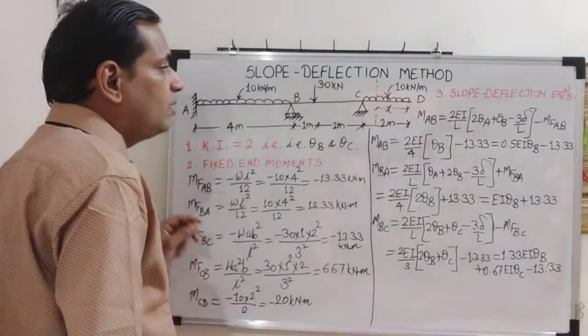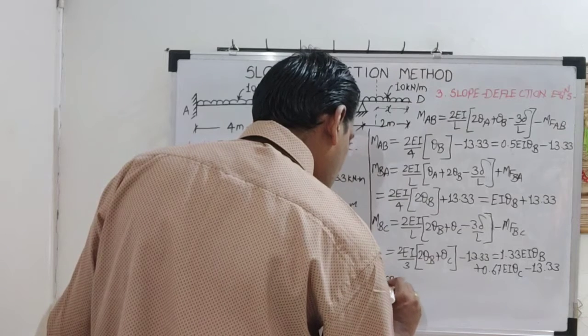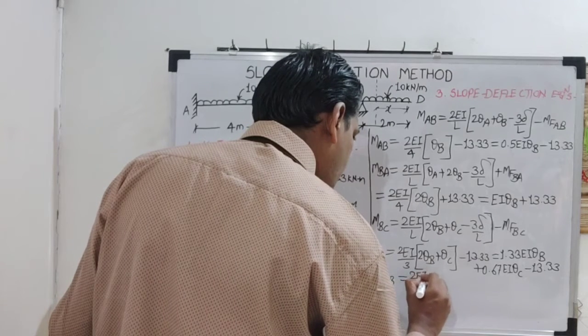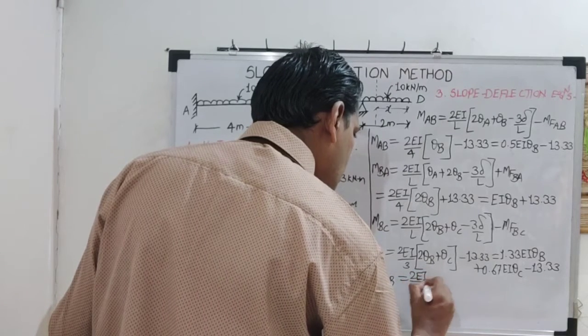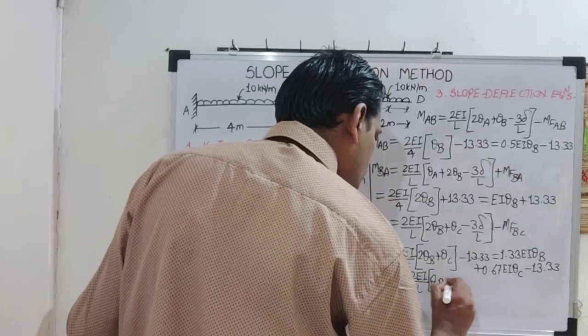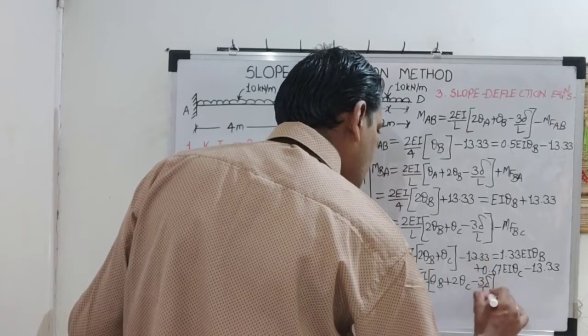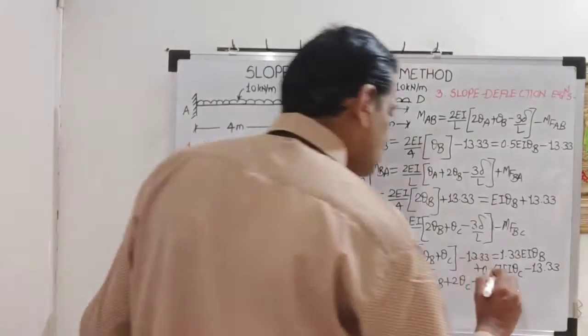Next equation, MCB. So MCB is 2EI by L into bracket theta B plus 2 theta C minus 3 delta by L, and outside the bracket plus MFCB.